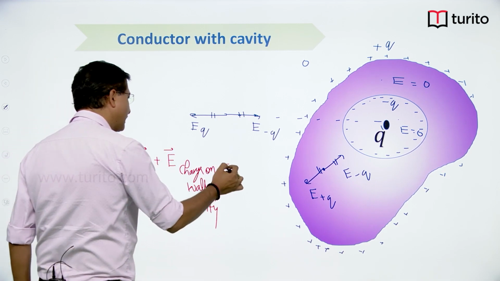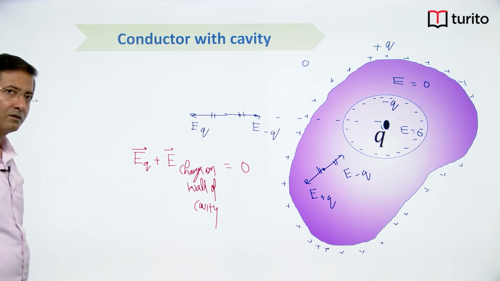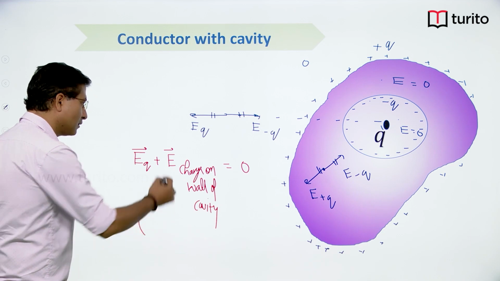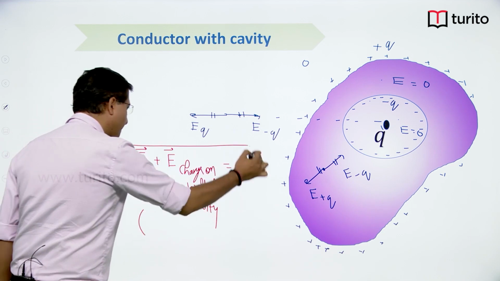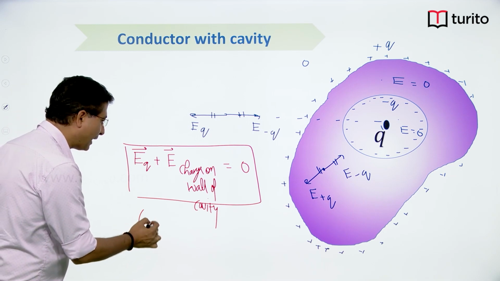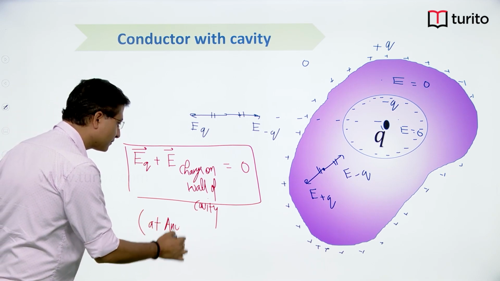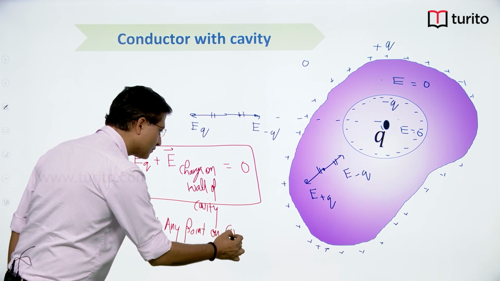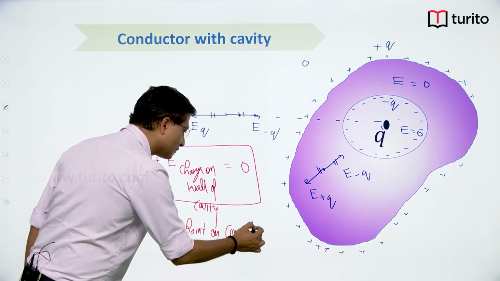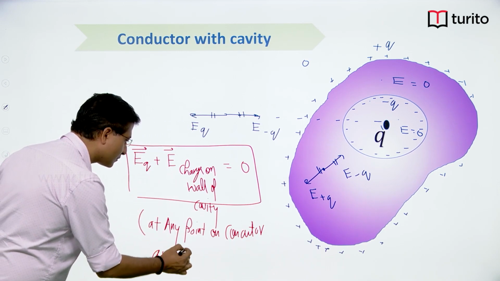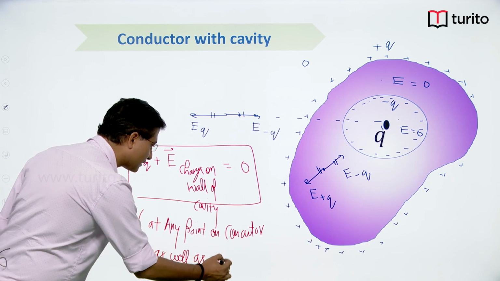This combination will have value 0 at any point on the conductor as well as outside the conductor.